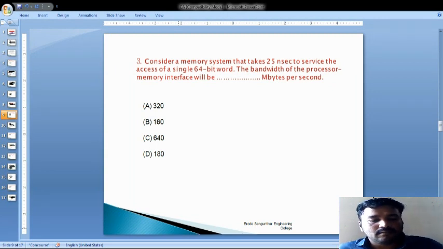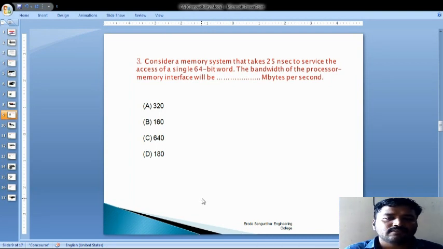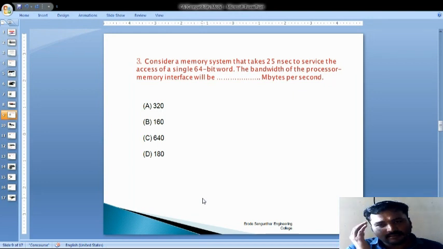Let us analyze the question first. The memory system takes 25 nanoseconds to service a particular 64-bit word. They are asking for the bandwidth of the processor memory, mentioned in megabytes per second.